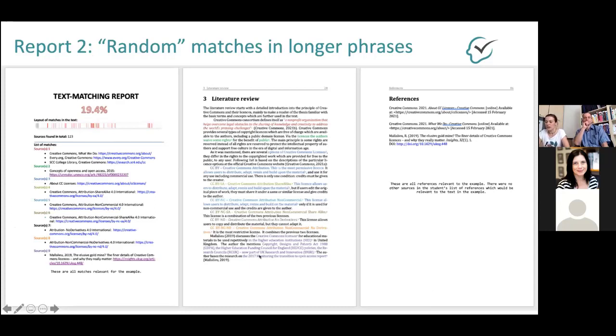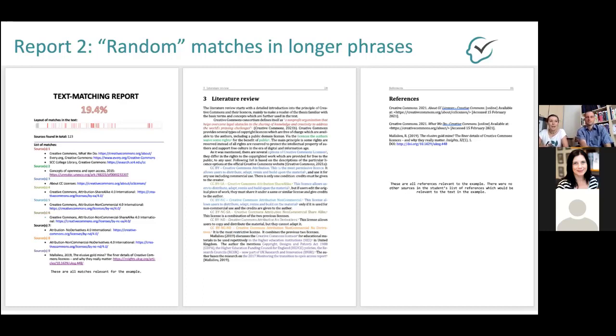And also in this violet part, when you try to read it, it doesn't make sense, but they are just the names of some documents, organizations and laws. Again, these are random text matches, because you cannot paraphrase the names of organizations or documents if you need to write about them.